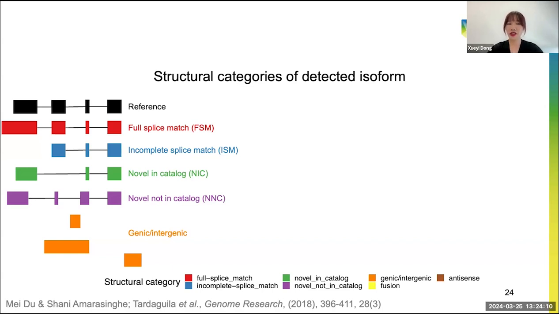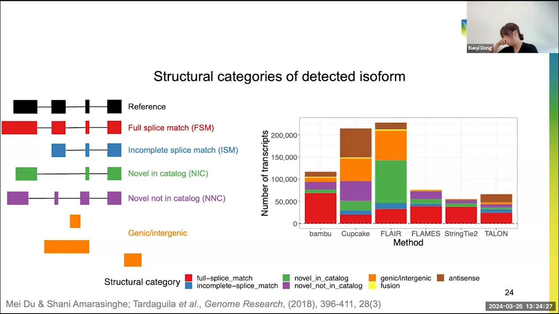So we expect the methods to have a high number of known transcripts, but also having a suitable number of novel ones detected.